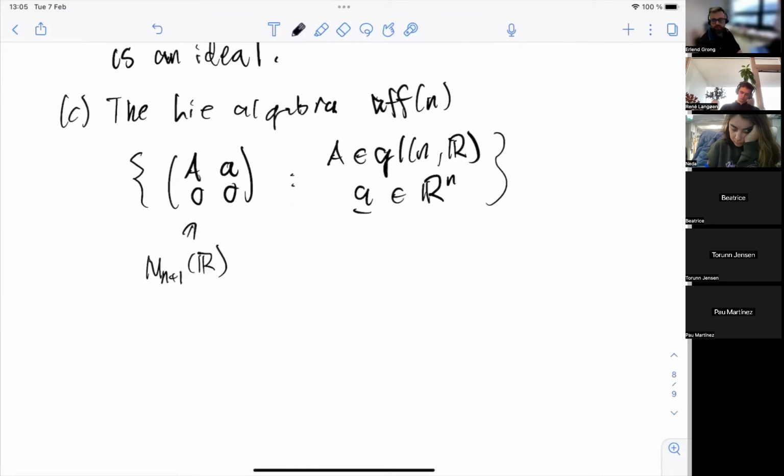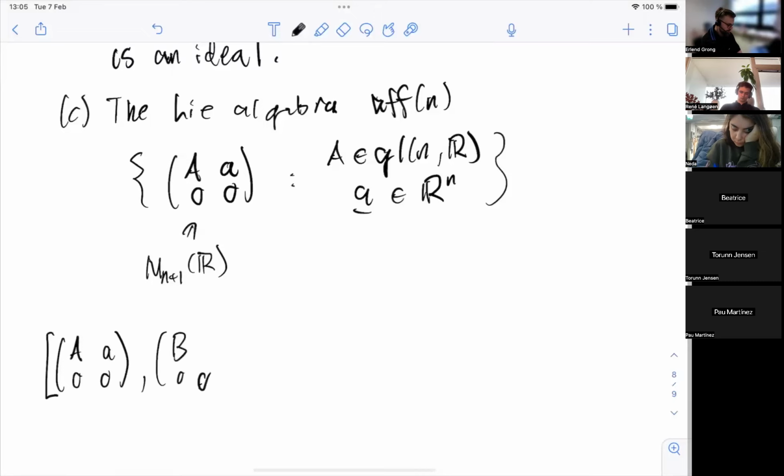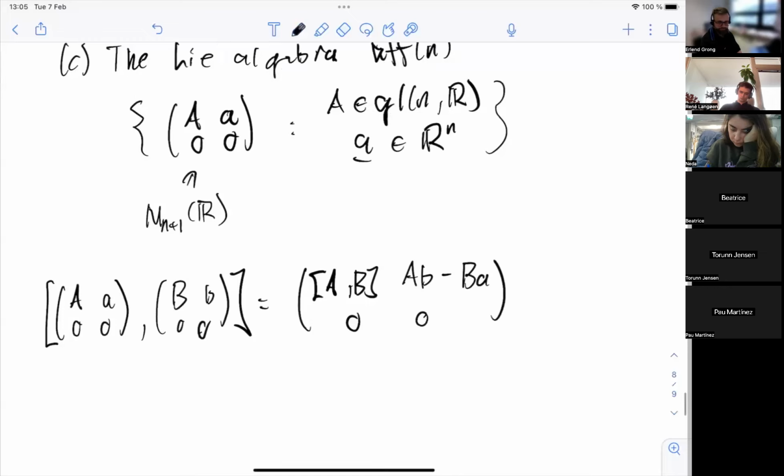Now, what happens if I take a Lie bracket of matrices of this type? So it's a general matrix, but I have just zeros on the bottom. If I take a Lie bracket of A, a, 0, 0 with B, b, 0, 0, what I get is a matrix with AB minus BA in the upper left block, zeros at the bottom, and Ab minus Ba in the last column.